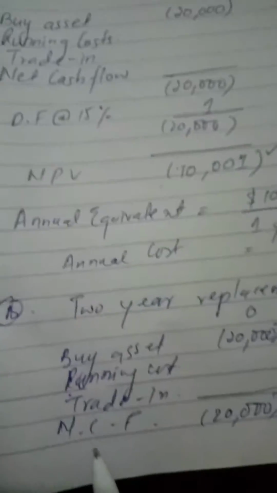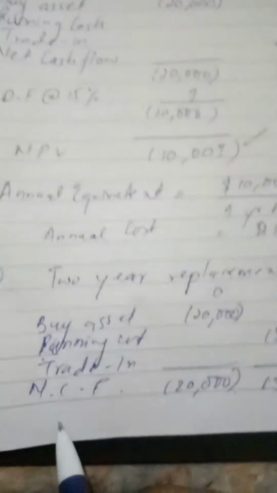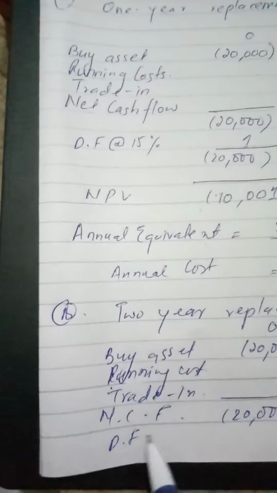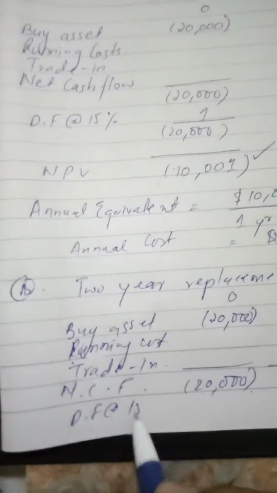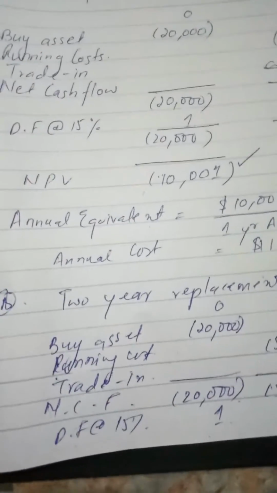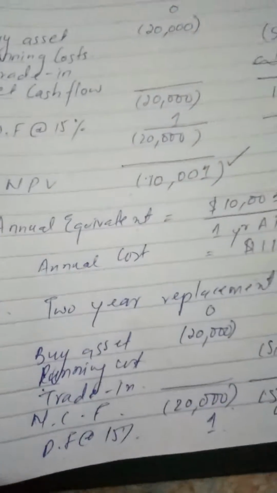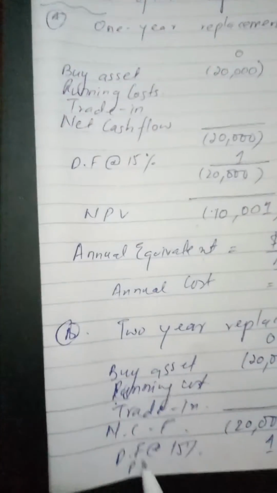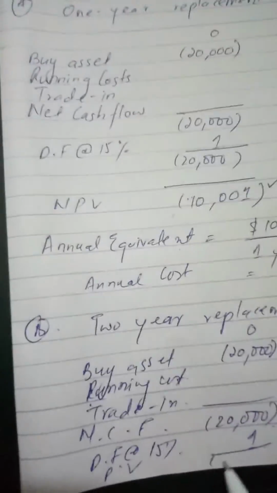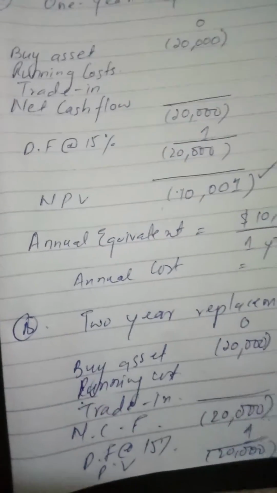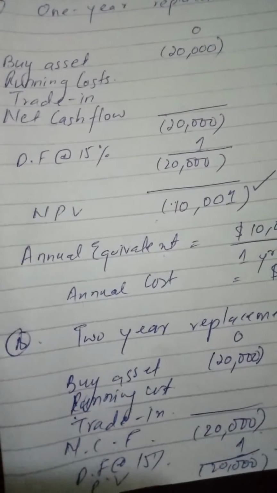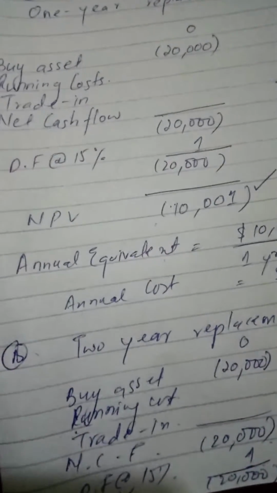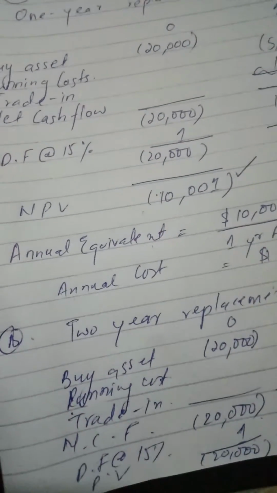Now the net cash flow is multiplied by the discount factor at 10%: 1, 0.909, and 0.826. The present values are 20,000, 4,545, and 6,195.